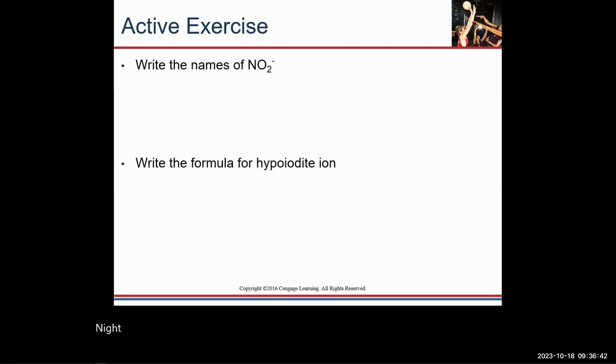Nitrate ion. The nitrate, ATE, or nitrite? Nitrite. Yeah.